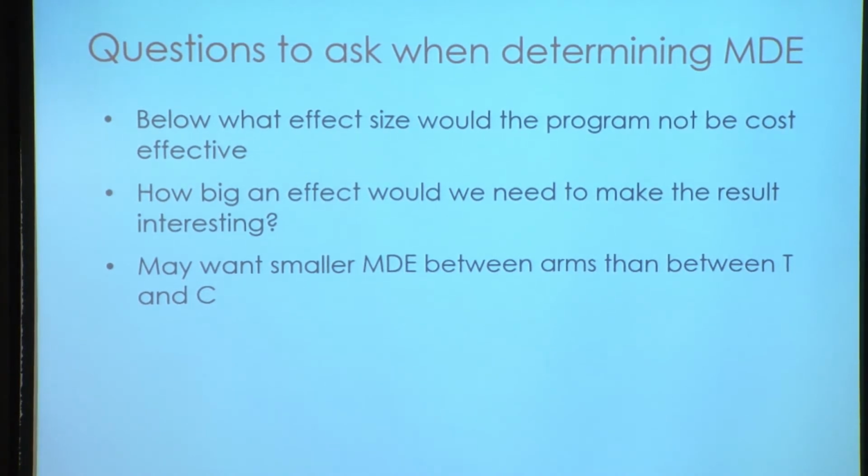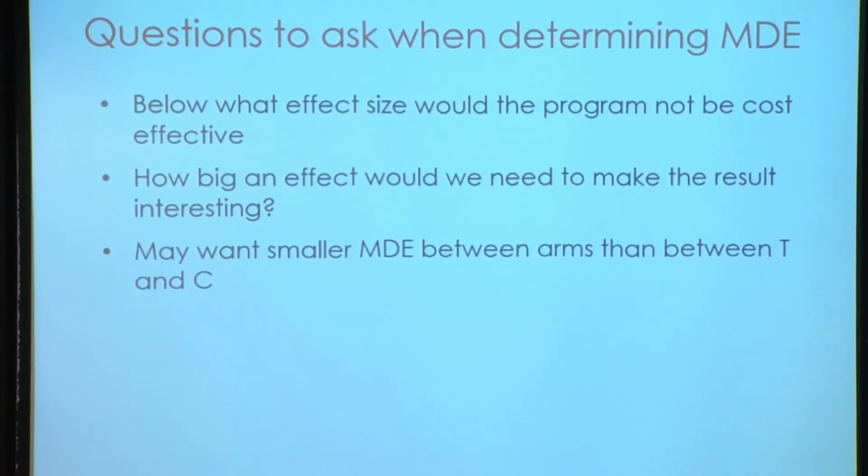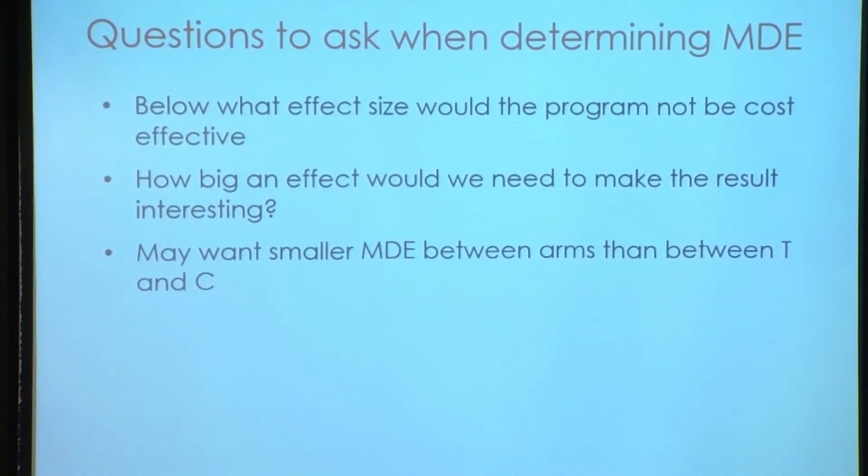You may want a smaller MDE between treatment arms than between treatment and control. Again, if you really care about distinguishing this version of the program from that version of the program, how big a difference would you need for that to be relevant? That may be smaller than the question of whether it overall has an effect.